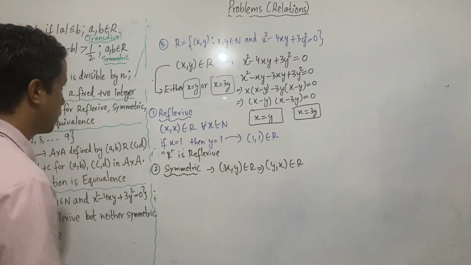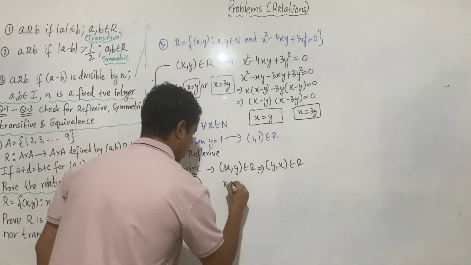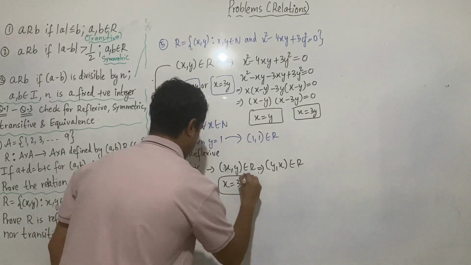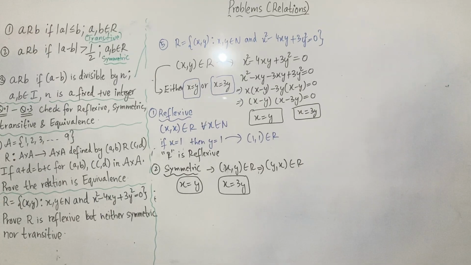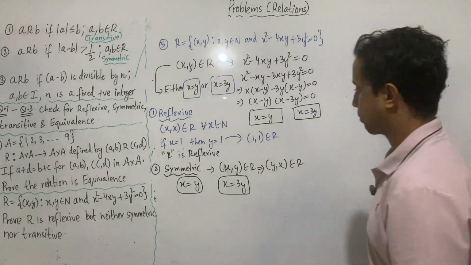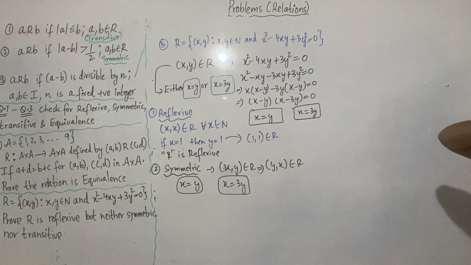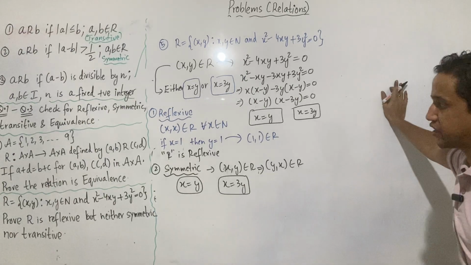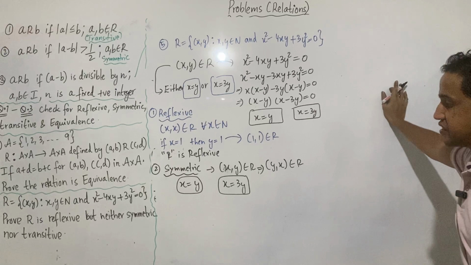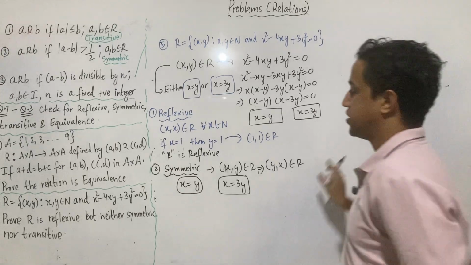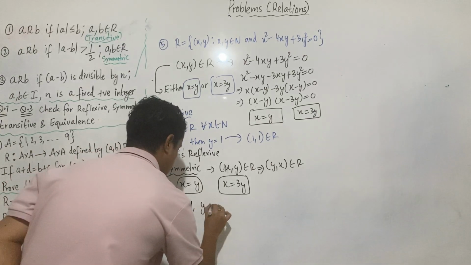And here, either x equals y or x equals 3y. Now see one thing, if x is going to be 1, then if x is 1, y is 1.